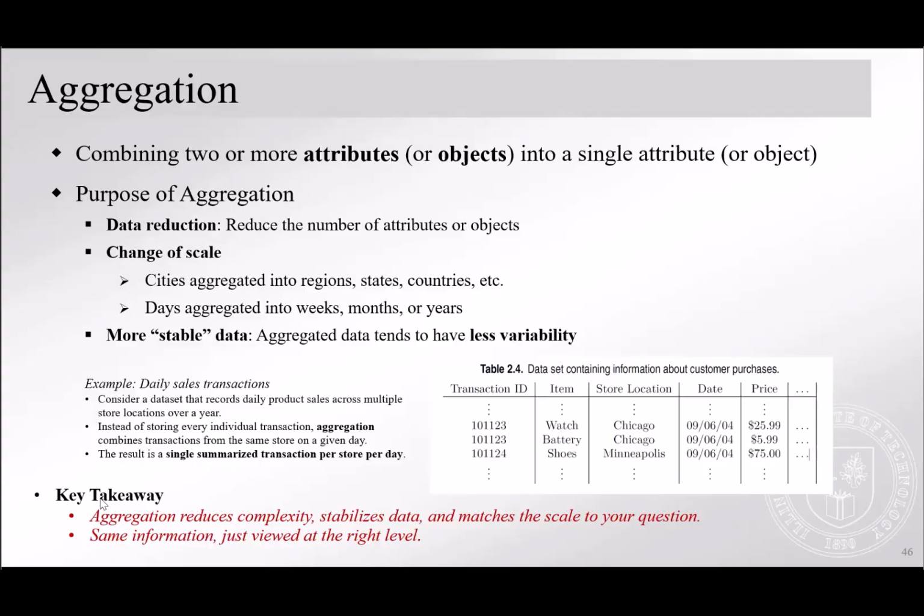This makes the dataset smaller, easier to analyze, and more useful for identifying patterns like daily sales trends per store, rather than focusing on individual item level details. So when your data feels too noisy, or too detailed, ask: can I aggregate this? What is the right scale for what I'm trying to see?